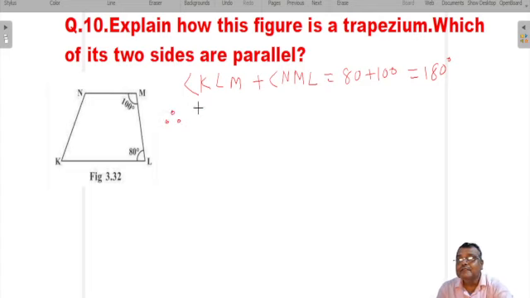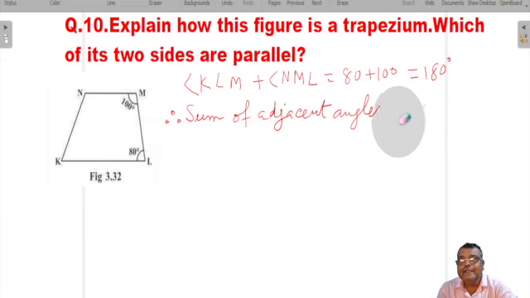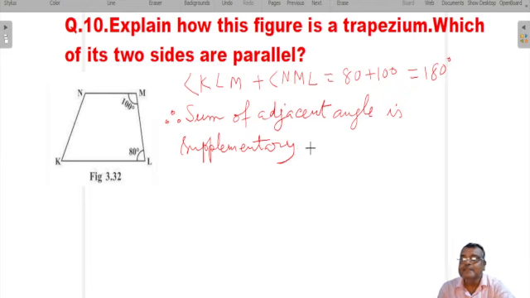Therefore, the sum of adjacent angles is supplementary. When the sum of adjacent angles is supplementary, meaning 180 degree, then obviously KL is parallel to NM.